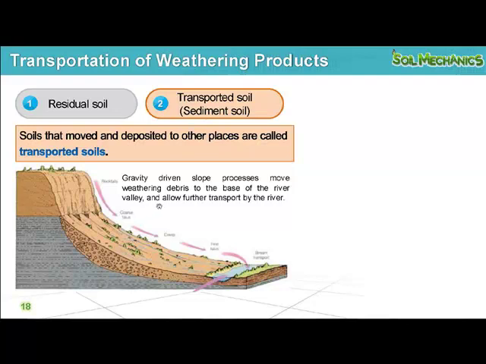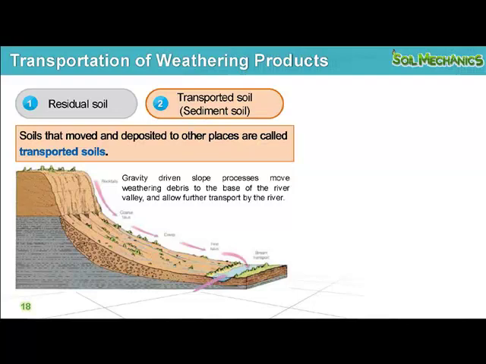You can see here the gravity-driven slope process moves weathering debris to the base of river valleys and allows transport by the river. So soil can move along the slope, accumulate along the river or valleys, and be transported along the river to be deposited in another place like the sea.